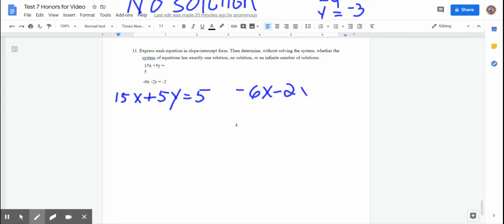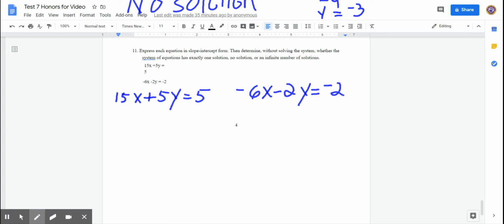But you know you have that H after your Algebra 1, which stands for honors. So you had to have a little thinking here. It says express each equation in slope-intercept form. Everyone should know that's y equals mx plus b. So that just means solve each equation for y. Then determine without solving the system whether the system of equations has exactly one solution, no solution, or an infinite number of solutions.